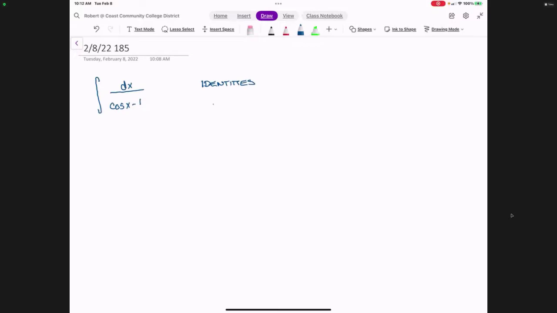We know that sine squared x is equal to 1/2 minus 1/2 the cosine of 2x, right? So that means that 2 sine squared x equals 1 minus the cosine of 2x.